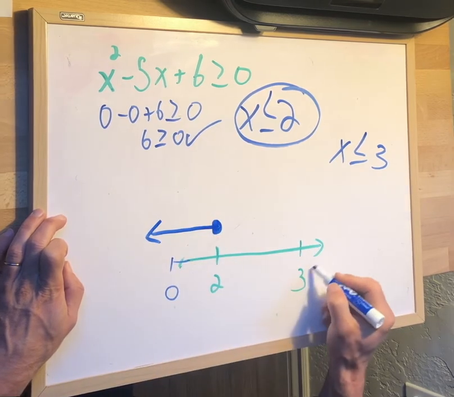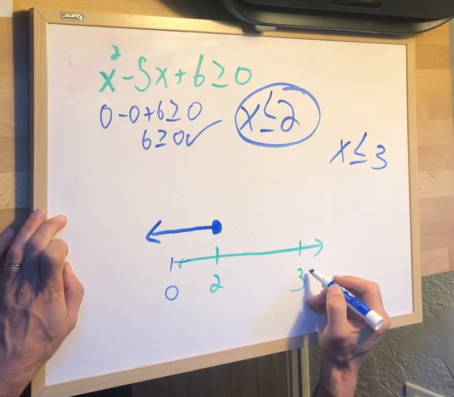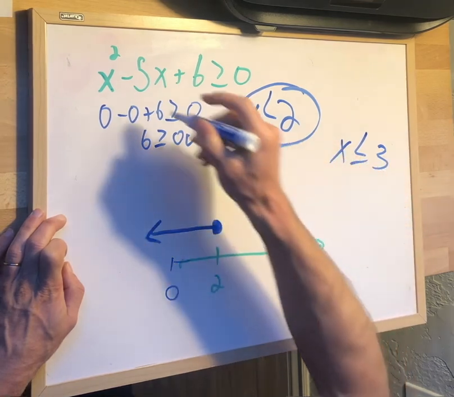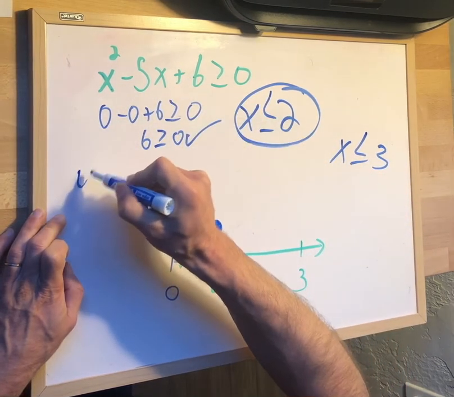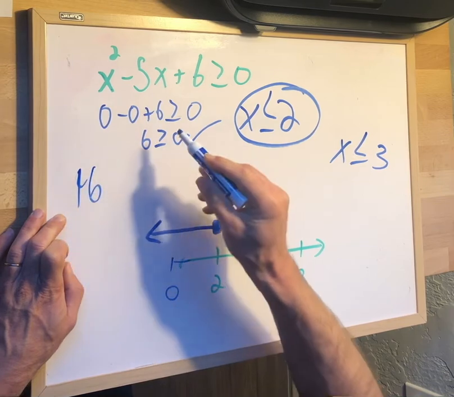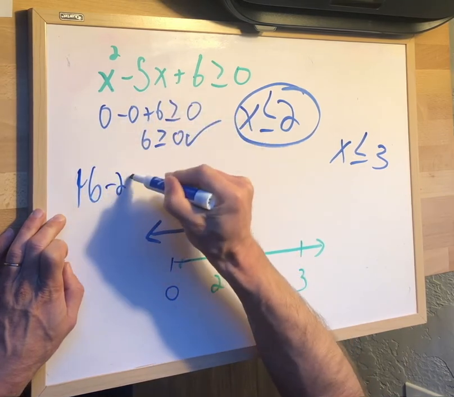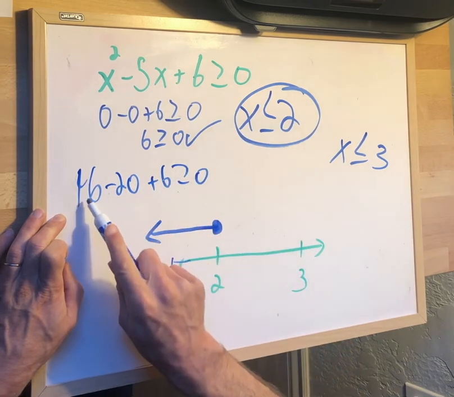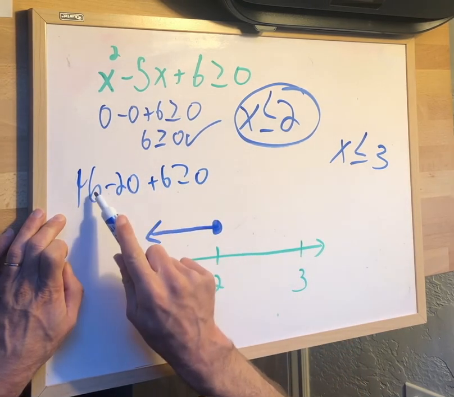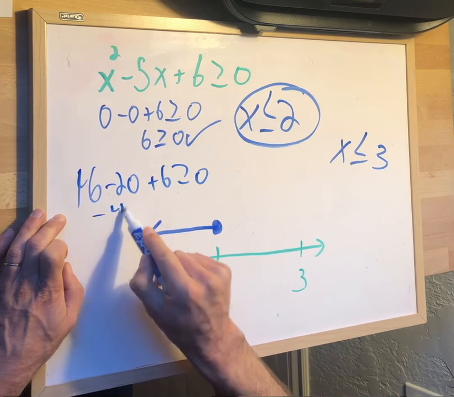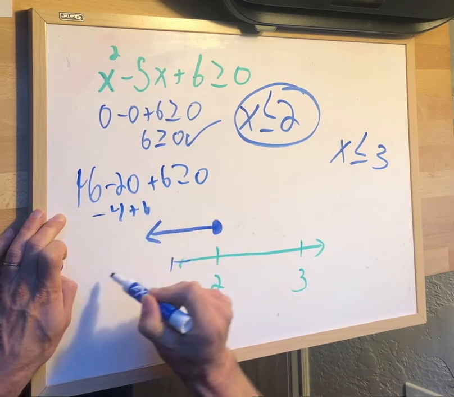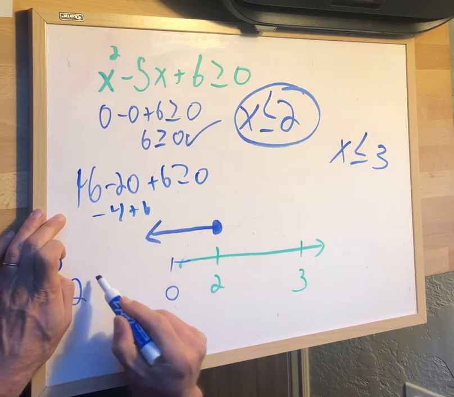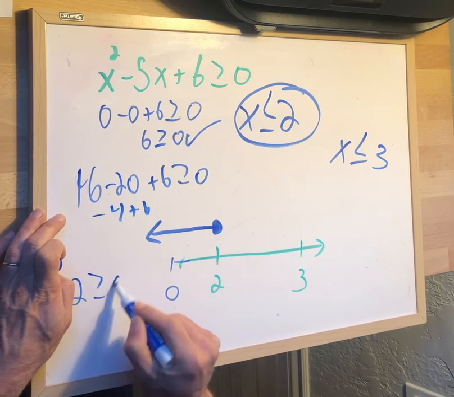Now let's plug in a data point for number 3. Let's use 4. 4 squared is 16. -5 times 4 is -20. Plus 6 is greater than or equal to 0. 16 minus 20 is -4, plus 6. All right, so we have 2 is greater than or equal to 0.